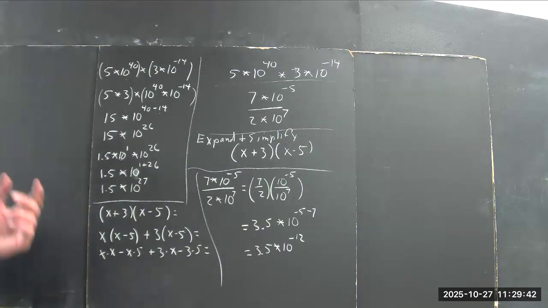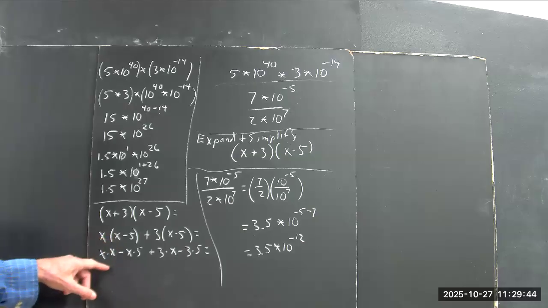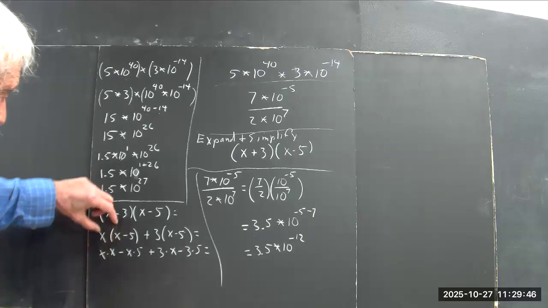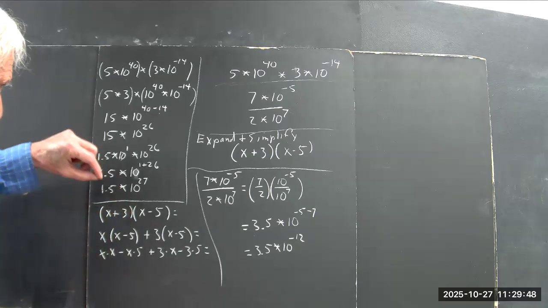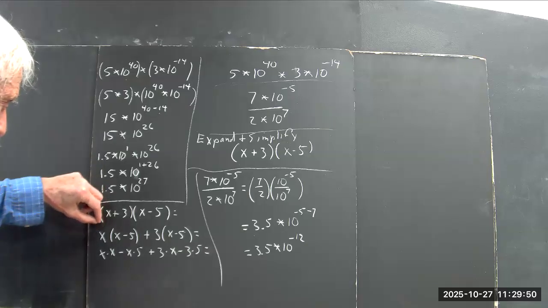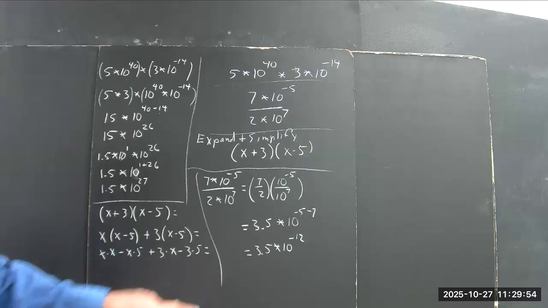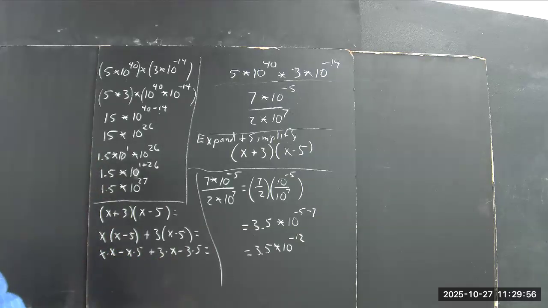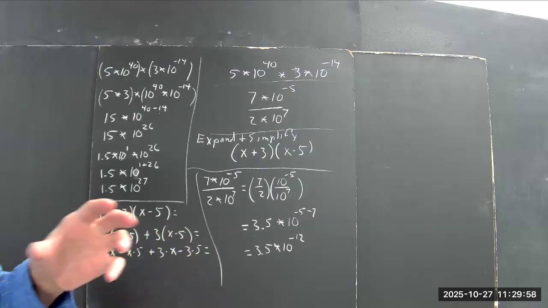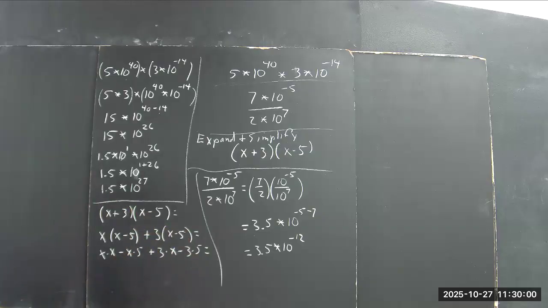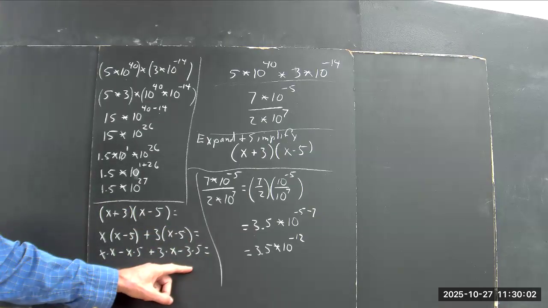I don't write x times x as x squared because I want to see every factor and every term represented in this step, just to be sure that you understand why each step is what it is. So that's not something I recommend that you skip.